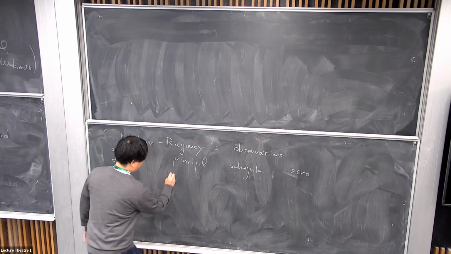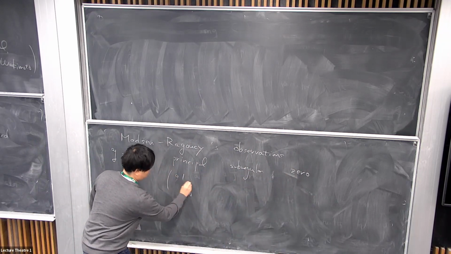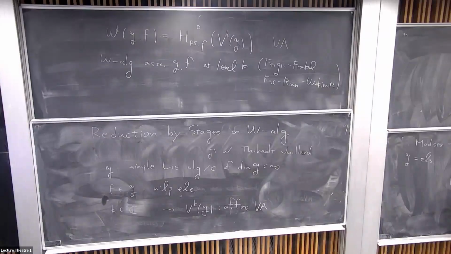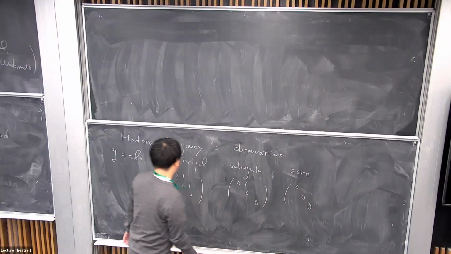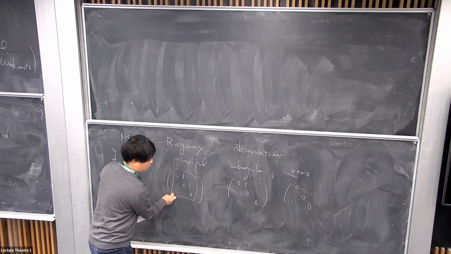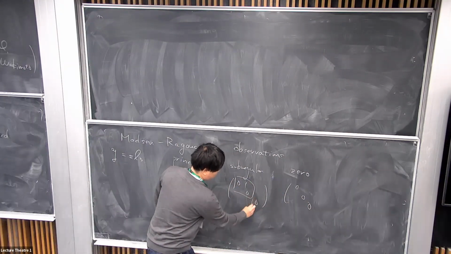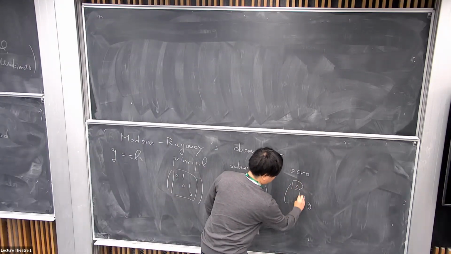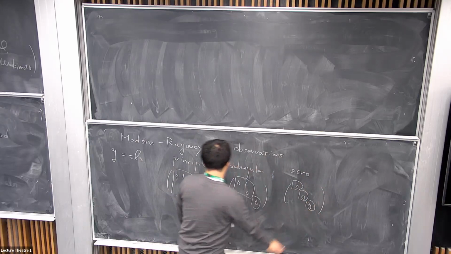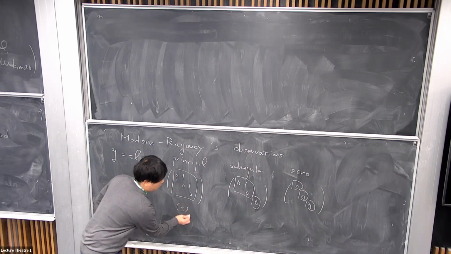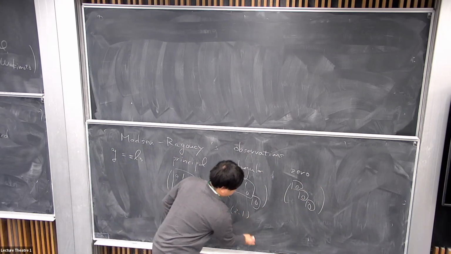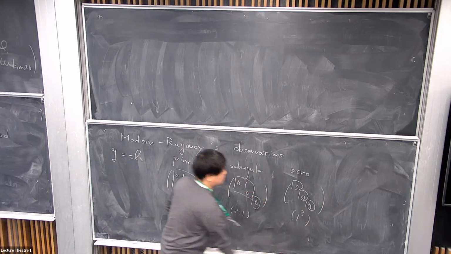So the Jordan blocks look like this. This is the largest one, this is 2 and 1, and this is the smallest of the three blocks. This is classified by partitions, so this is (3), (2,1), (1,1,1).